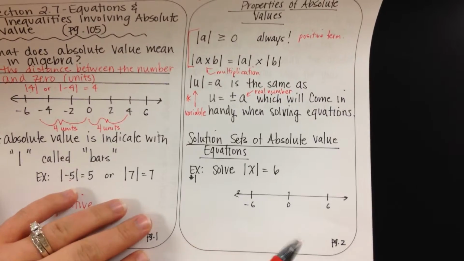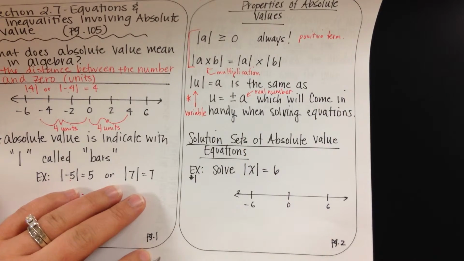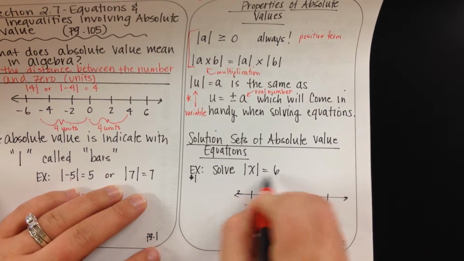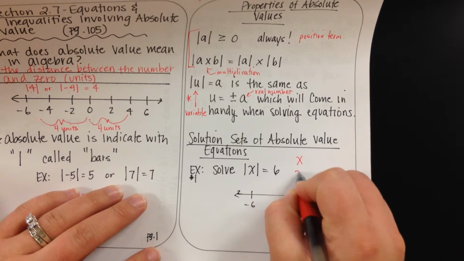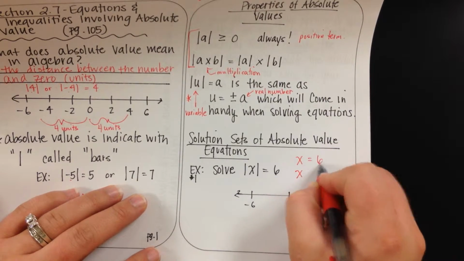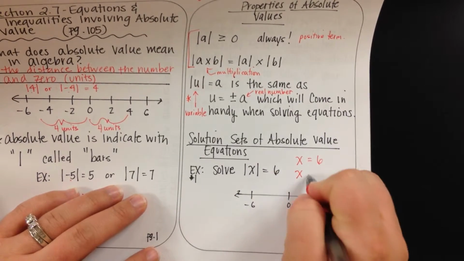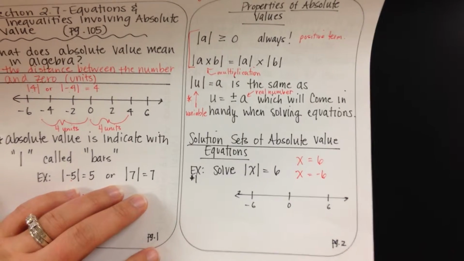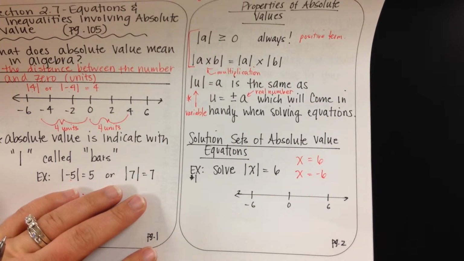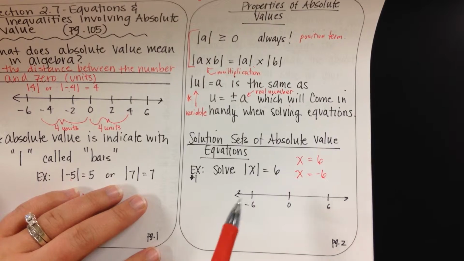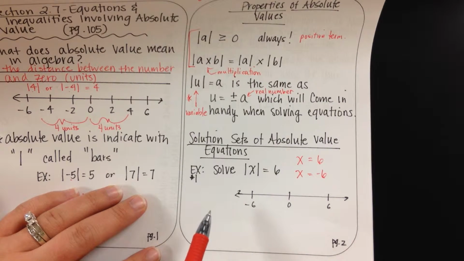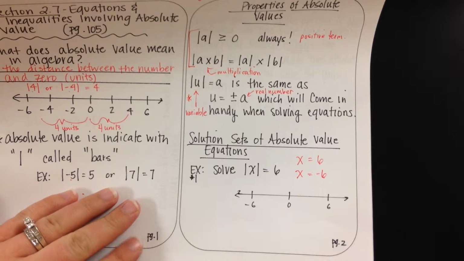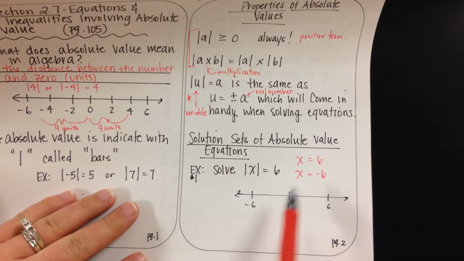So one thing that we can take from this property that we looked at above is that this can be rewritten without the bars as x is equal to the positive version of 6 and x is equal to the negative version of 6. With all of your absolute value equations, unless we're talking about a special case, you're going to have 2 solutions. Okay?